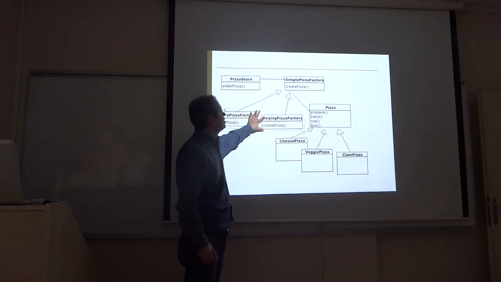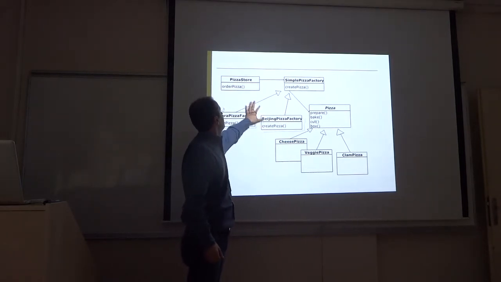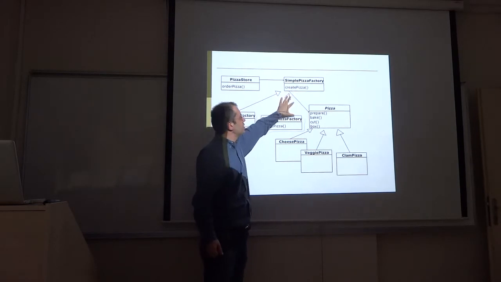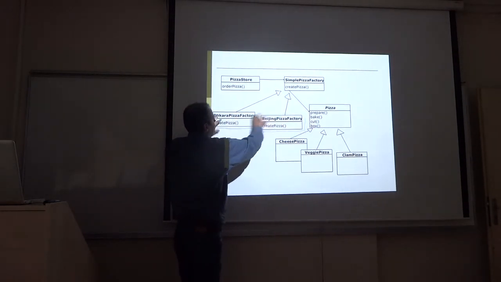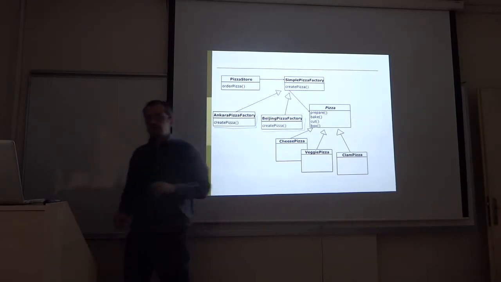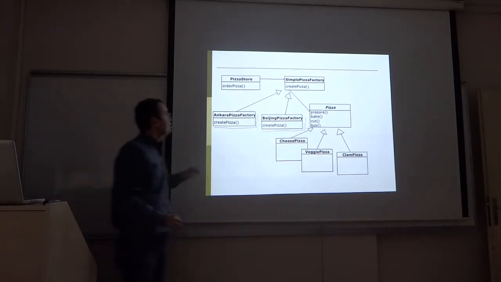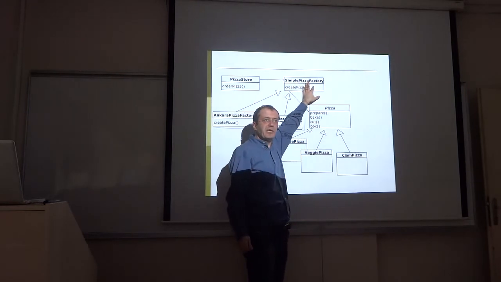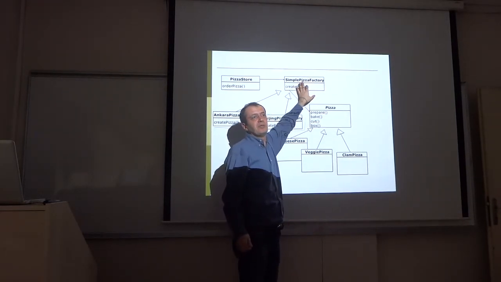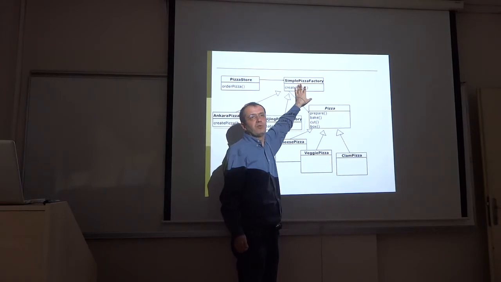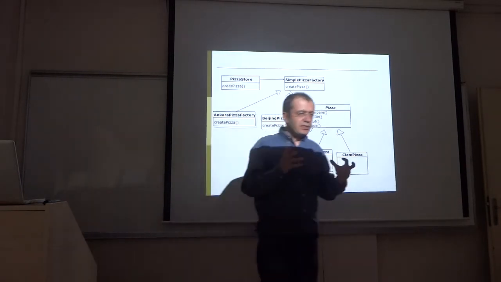So now this is how it is. Pizza store is using simple pizza factory, you know. I've added this too, different pizza factories. So what I have here is this became what? This became a super type. So now this is an abstract factory, from now on. What happened is this.